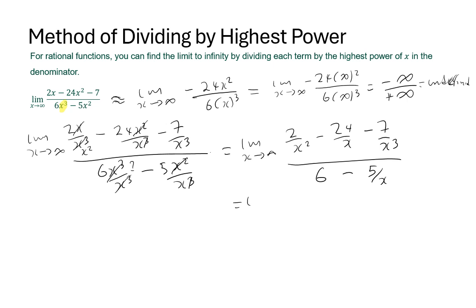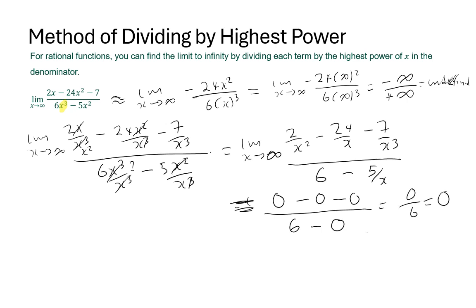If we take x to infinity, something divided by a very large number is 0, so we'll have 0 over 6, and this is 0.